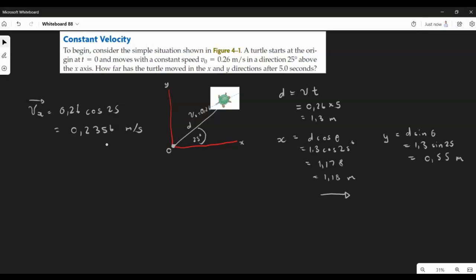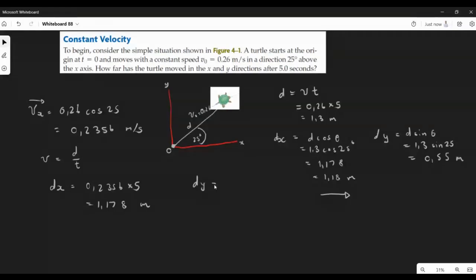And obviously, if we want to find out how much distance that was, we simply use the time. We know that velocity is distance over time, and to find the distance, we simply have to multiply the velocity with that time. So we know that the distance in the x direction, which we already got, dx, is also equal to 0.236 times 5, and we should get exactly the same answer, 1.178 meters.